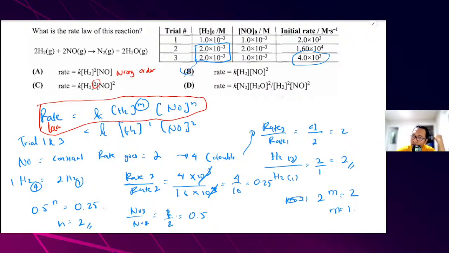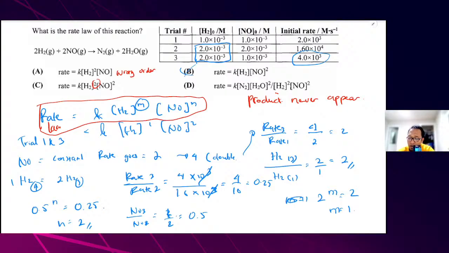The rate 3, you see over here, the product never appears. Remember, in the kinetic rate law, the product shouldn't appear.